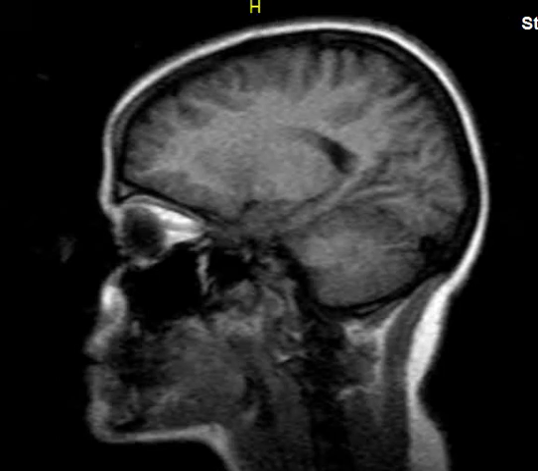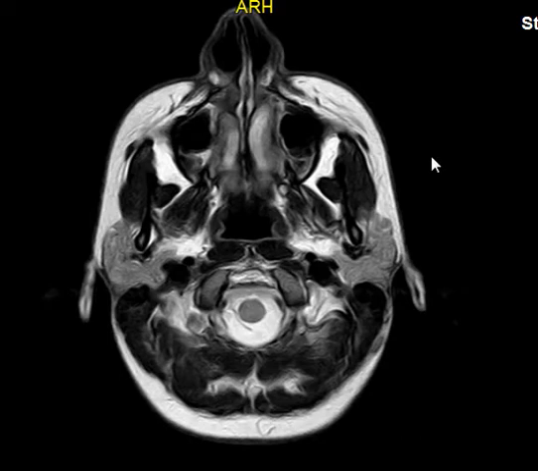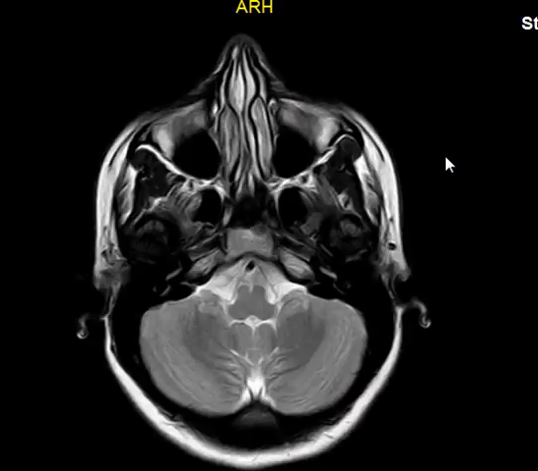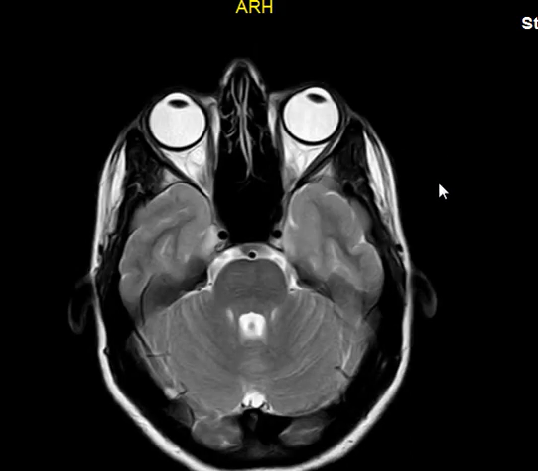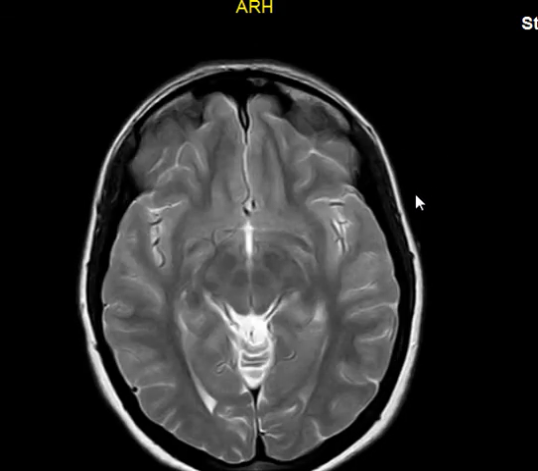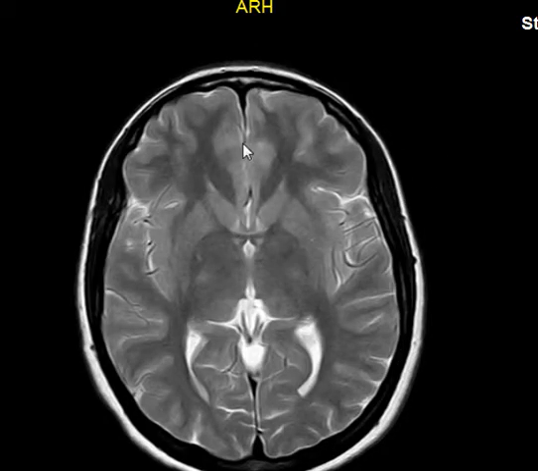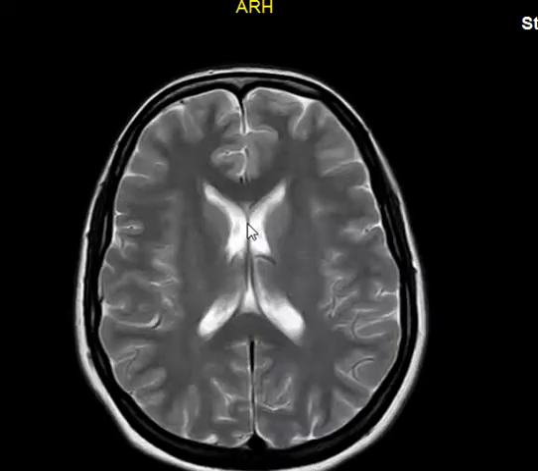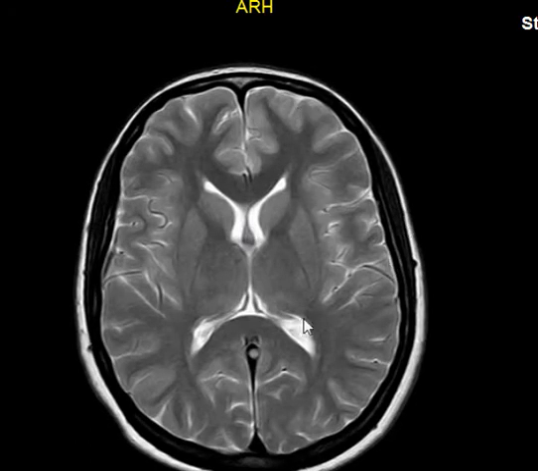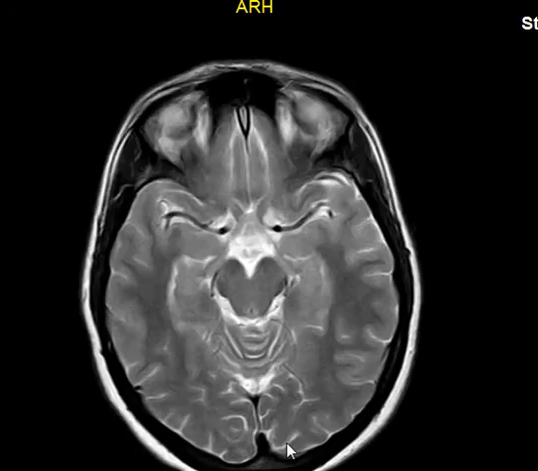Today we will continue with our talk on brain MRI anatomy. Let's make a very fast review of what we have seen last week. As we agreed, there are two cerebral hemispheres. Each cerebral hemisphere is made of frontal, parietal, occipital and temporal lobes, and there is gray matter and white matter.